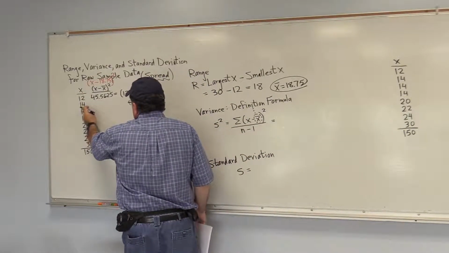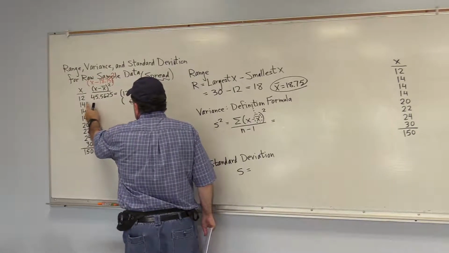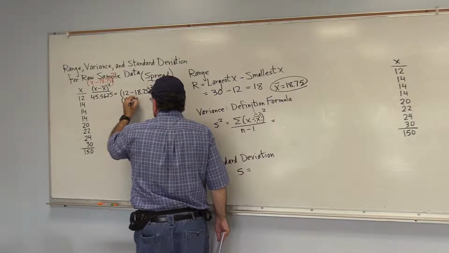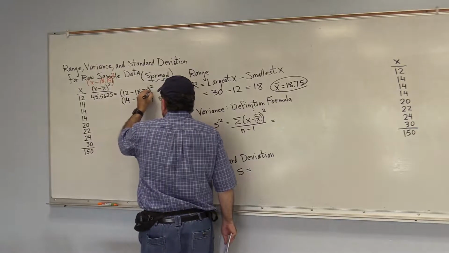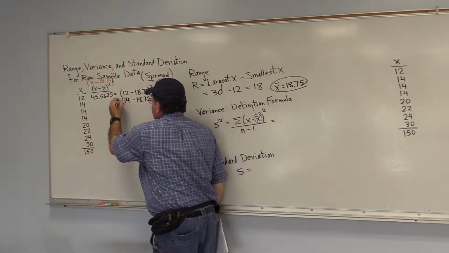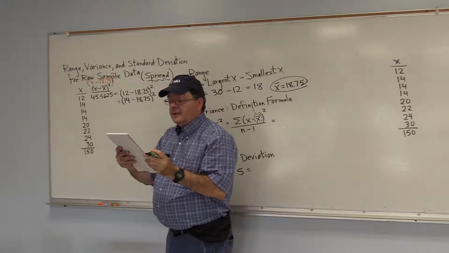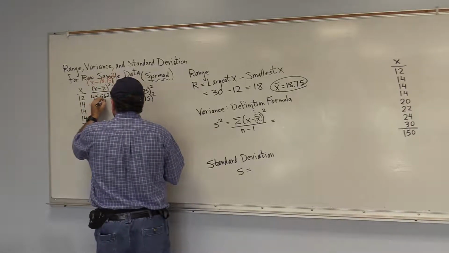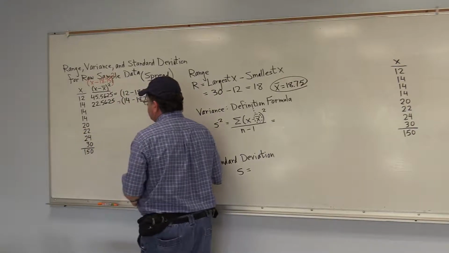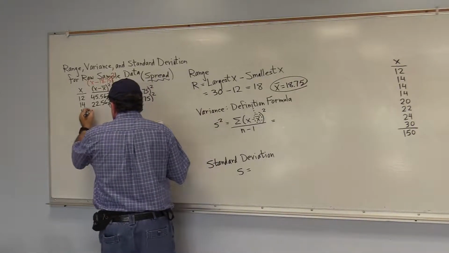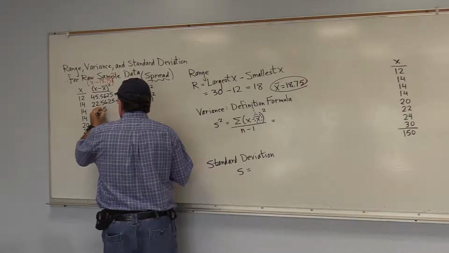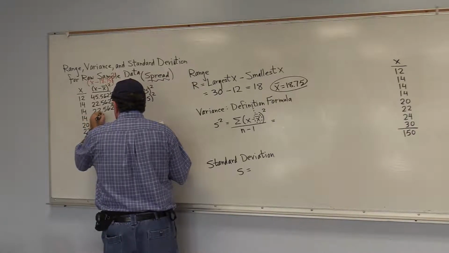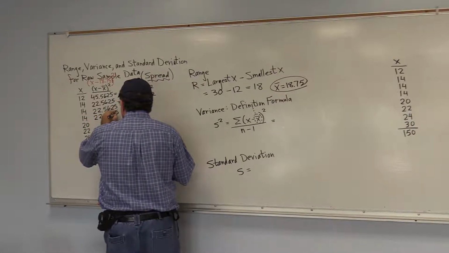For the next calculation, 14, I put 14 in place of x. So I take 14, subtract the mean, which is 18.75, and I square that. And so the next number in the list is going to be 22.5625. The next one obviously is going to be the same, 22.5625, and the next one also 22.5625.